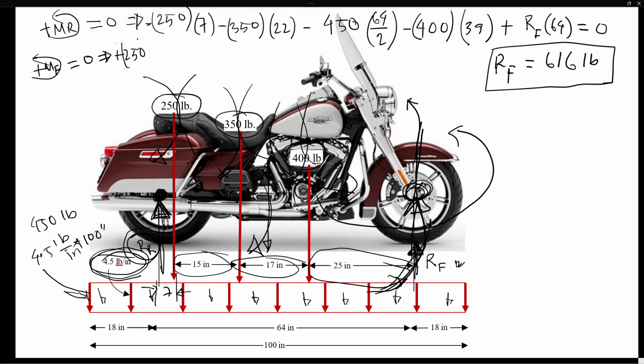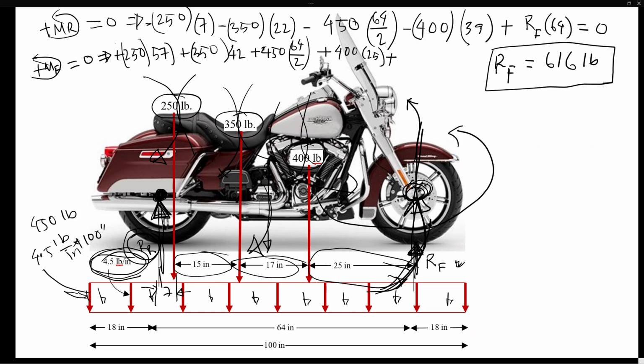For that 250 pounds, I calculated 57 inches away, plus 350, and I calculated that the rider is 42 inches away from the front wheel, plus 450 chassis, which is exactly going to act at the middle, 64 by 2, plus 400 engine weight, which is 25 inches away, minus the rear wheel reaction.